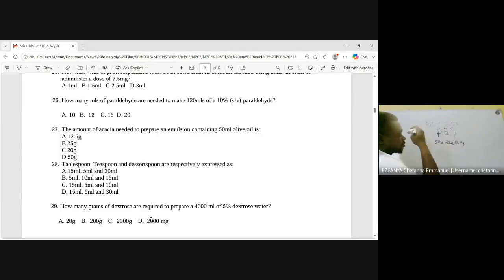So 2:1. Is that clear? Any question now? So if oil is 4 is to water, gum is to 1, and oil is 50 ml, the ratio of oil to water is 4:2. If you reduce 4:2 to the lowest term, everything will still show you that at any point in time, oil is twice water.